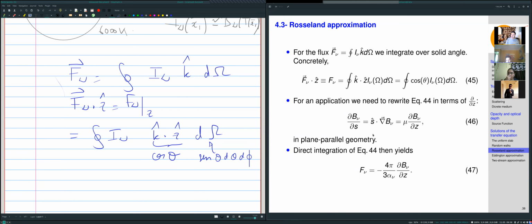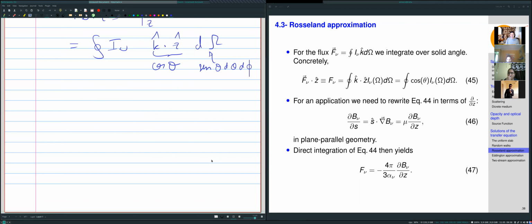We then connect this partial derivative with the gradient. So this is what we mean with this partial derivative in the direction of a ray, along the ray, which is just direction s.